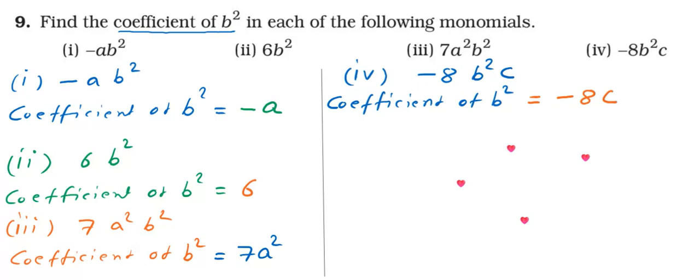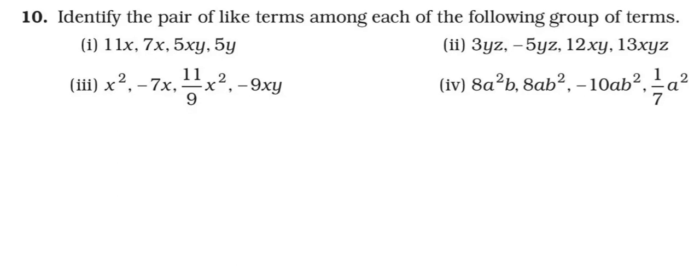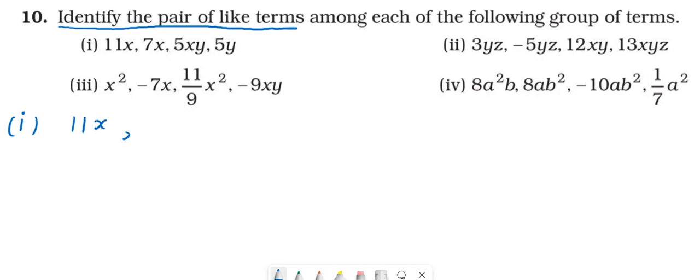Now beta, we are solving question number 10. Here we have to identify the pair of like terms. So beta, in the first part, what are the like terms? Here 11x and 7x are like terms.